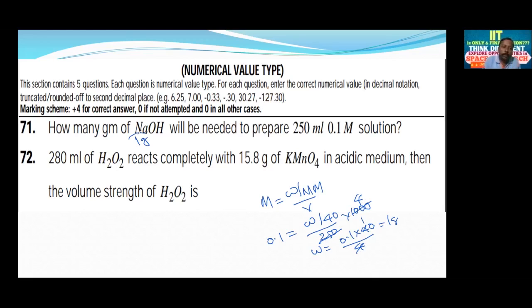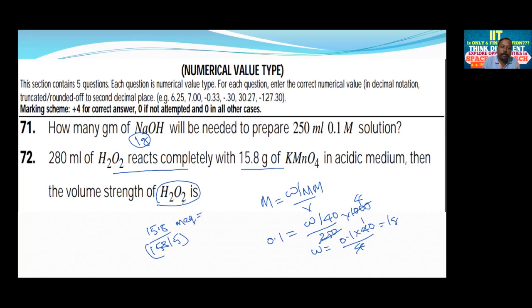Then 280 ml of H2O2 reacts completely with 158 mg of KMnO4. Then find the volume strength of H2O2. See, this milli equivalent and this milli equivalent will be same, in acidic medium. So 158 divided by molecular mass. The molecular mass of KMnO4, if you find out, it is 158. 158 divided by 5, this is the milli equivalent.